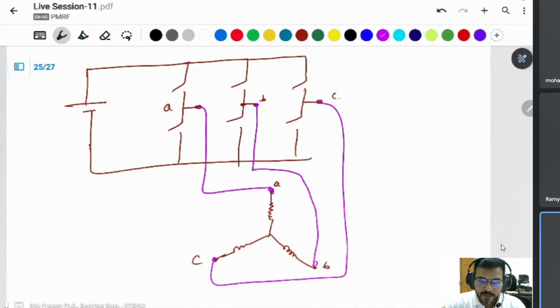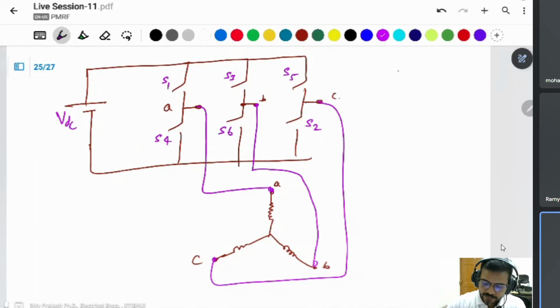First, you have to trigger the system by your own choice, like when you want to operate the switches S1, S3, S5, S2, S6, and S4. Then you need an AC system.